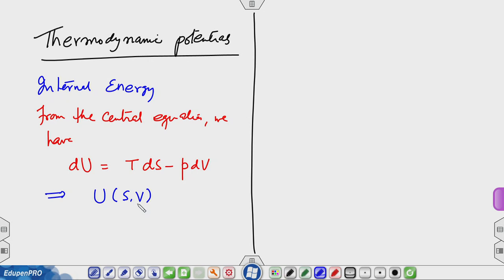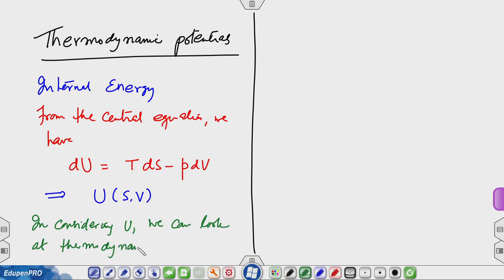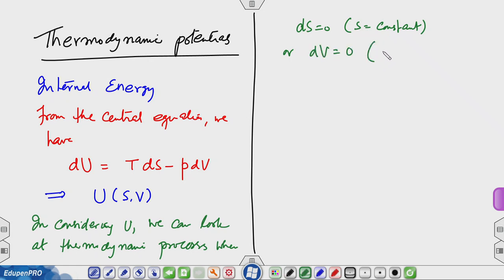Now, you see, when I write du in such a way, then in considering u, we can look at thermodynamic processes where ds is 0 or s equals constant, or dv is 0, which is an isochoric process.